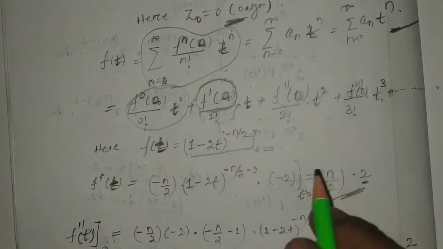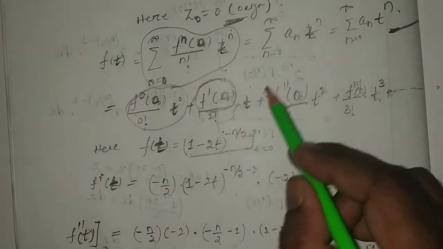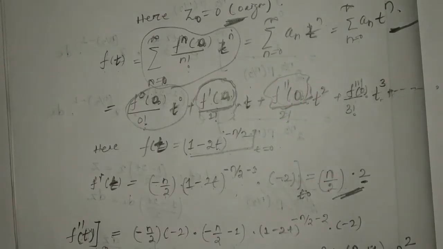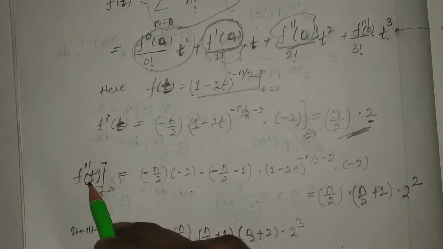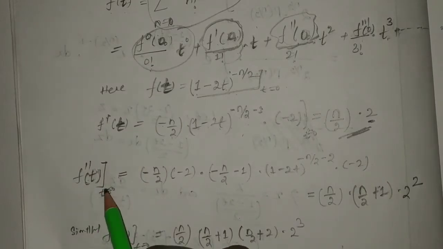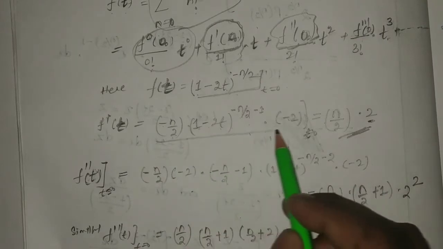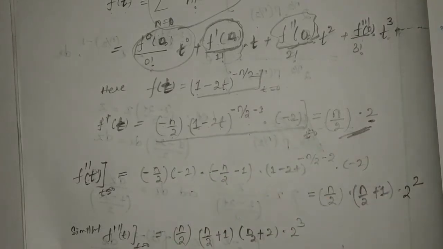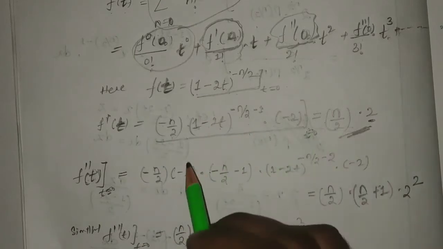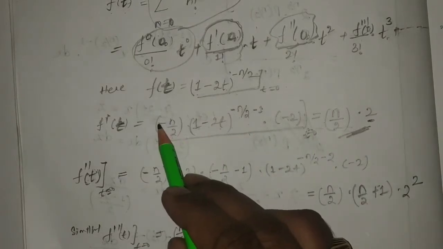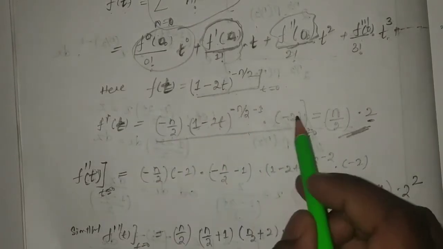Then we have to consider f double dash(0). So what is f double dash(t) at t equal to 0? This is the value of f single dash(t). Now we differentiate it again. Already minus n by 2 times minus 2 is there.